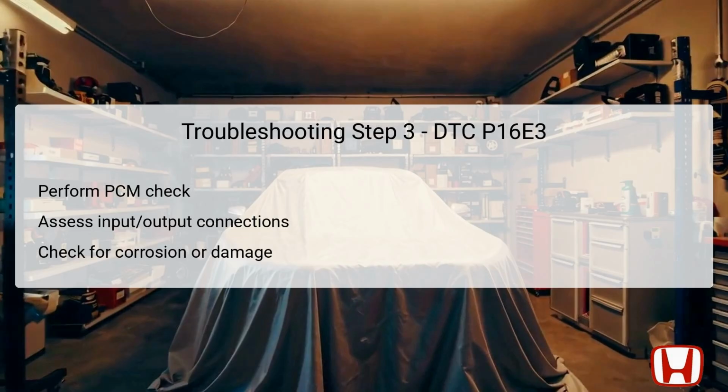The next troubleshooting step requires conducting a thorough PCM check. If previous inspections revealed no faults in the battery sensor or its wiring, it's time to focus on the PCM itself. Begin by inspecting the PCM's input and output connections for integrity and security. Loose or corroded terminals can severely impact communication and operational efficiency.